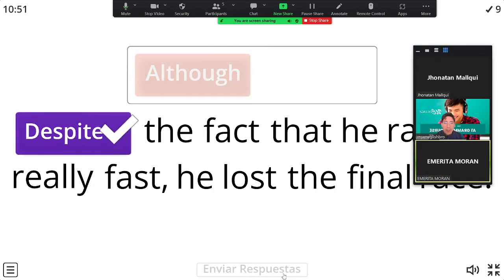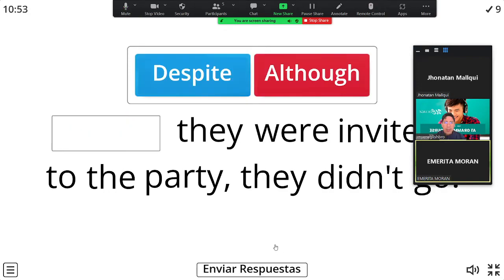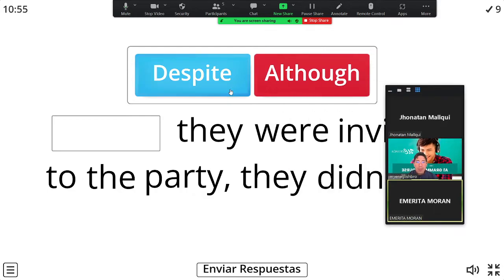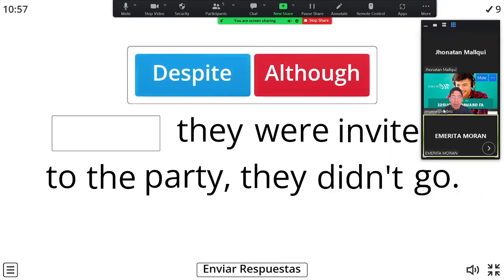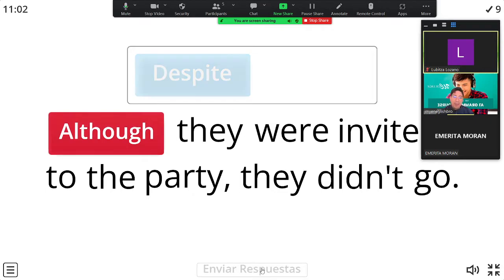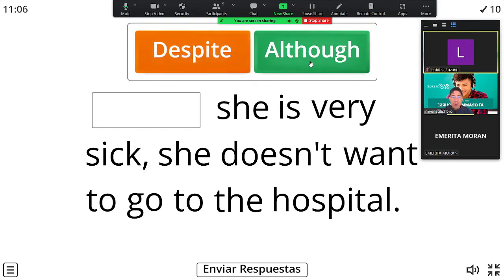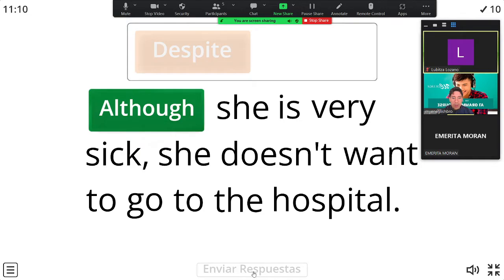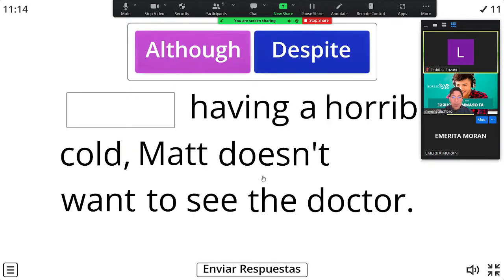Muy bien. Next one. They were invited. ¿Qué se usa? Despite or although? Although, porque nos falta el the fact that para poner el despite. Next one. Despite or although? Although. Having a horrible cold, Matt doesn't want to see the doctor.